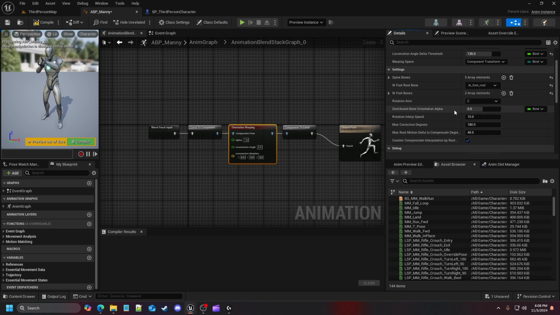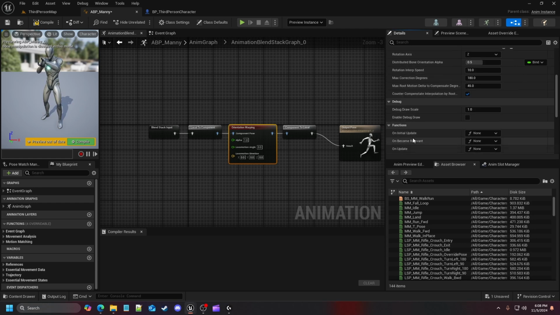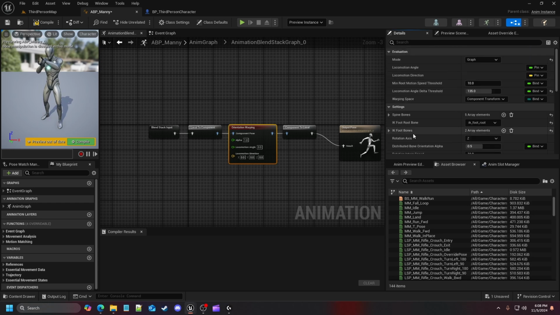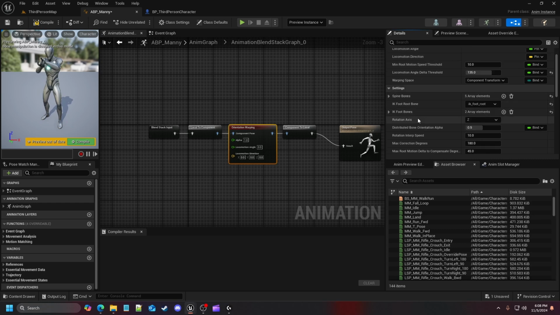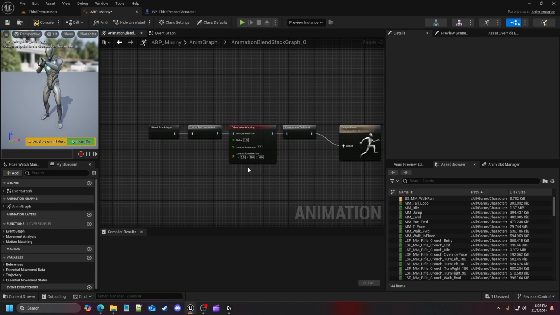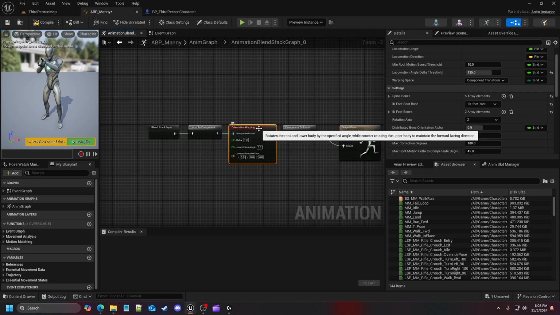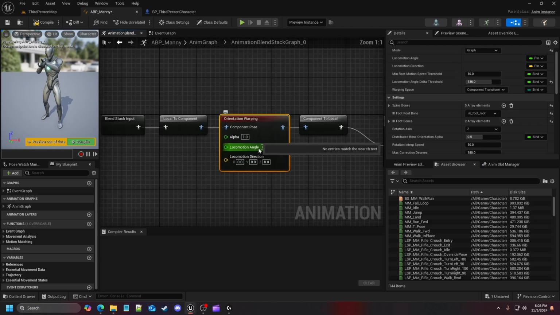Pretty much everything else is going to be left at default. I'm not going to touch the rest of this, but I will go over what all of these do, so don't worry about it, because I will make sure that you better understand it. The last thing we're going to do, since we have specifically cast to our BP third person character, is in your orientation warping.